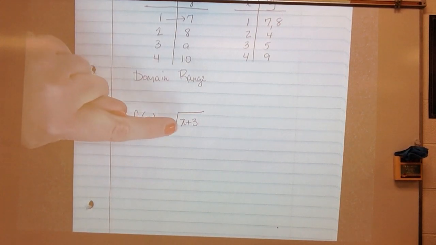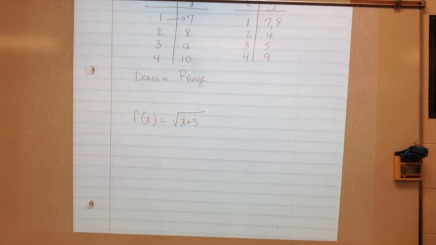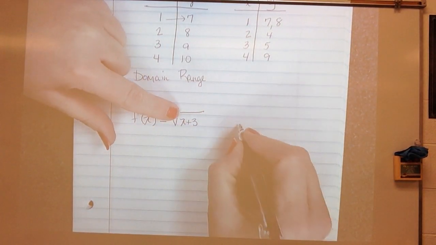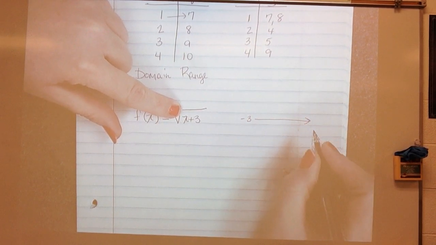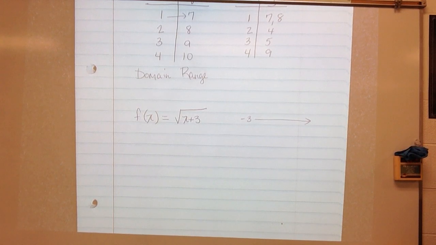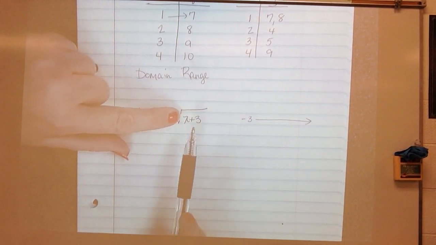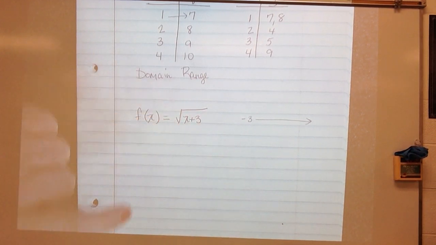So what numbers would make this statement not true? All right? So we've already said I can put -3 in there, and I basically can put -3 on up. Let's see what happens when I do -4. If I put -4 in here, I get the square root of -1.